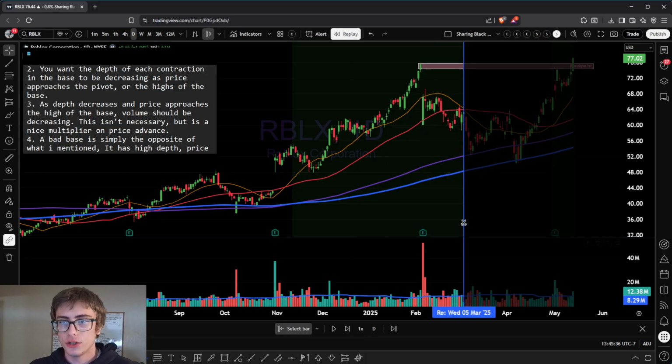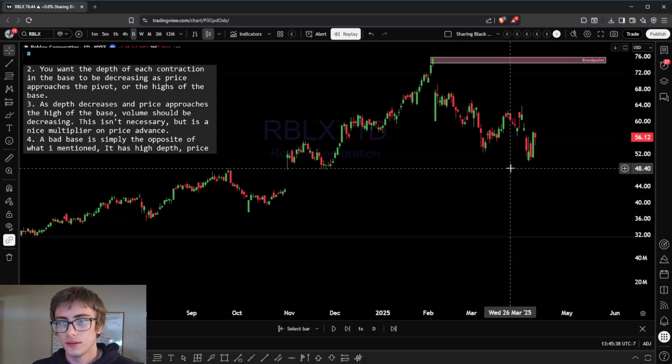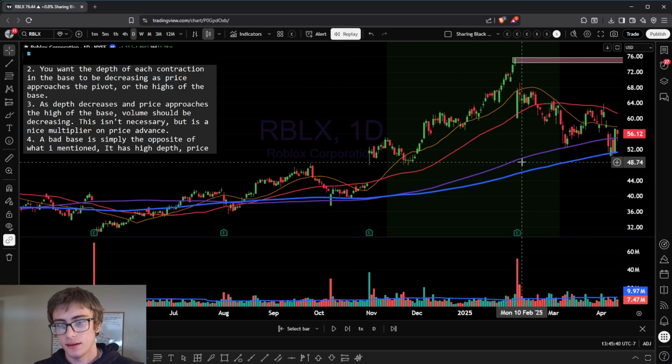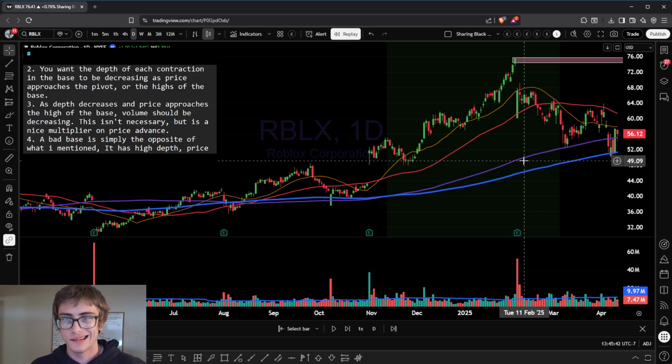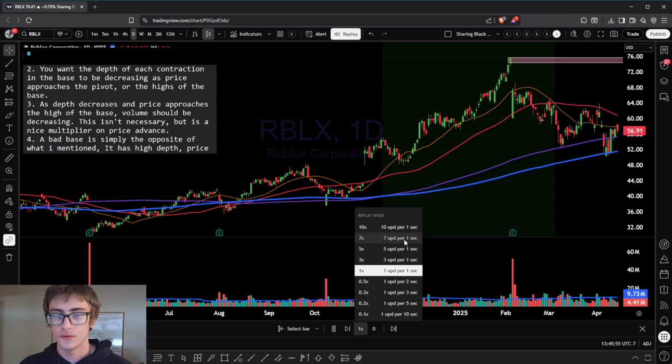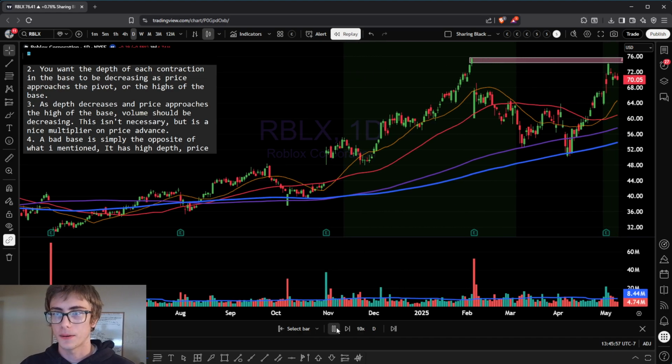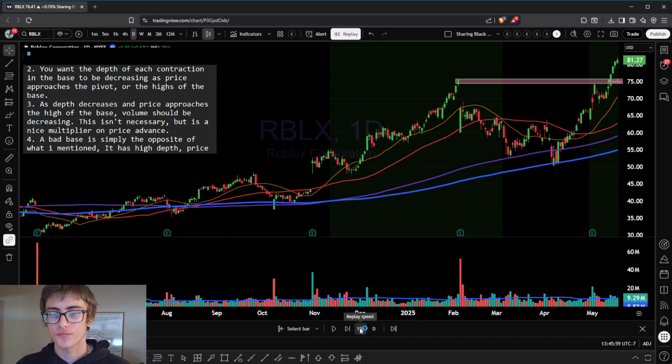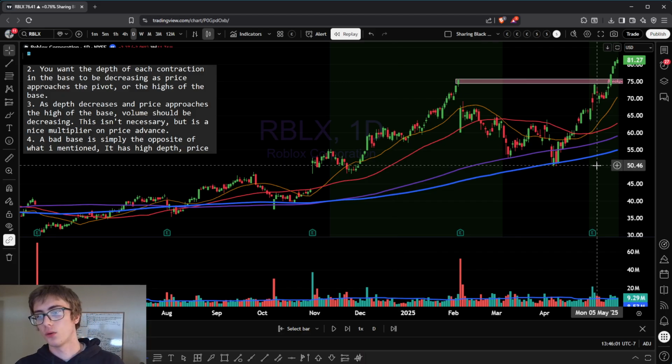So if I were to go back to here, it isn't a base yet. You could say it's a consolidation, but it's not a base. But then if I go forward, right? If I move this thing forward. Here we go. The base has been formed.